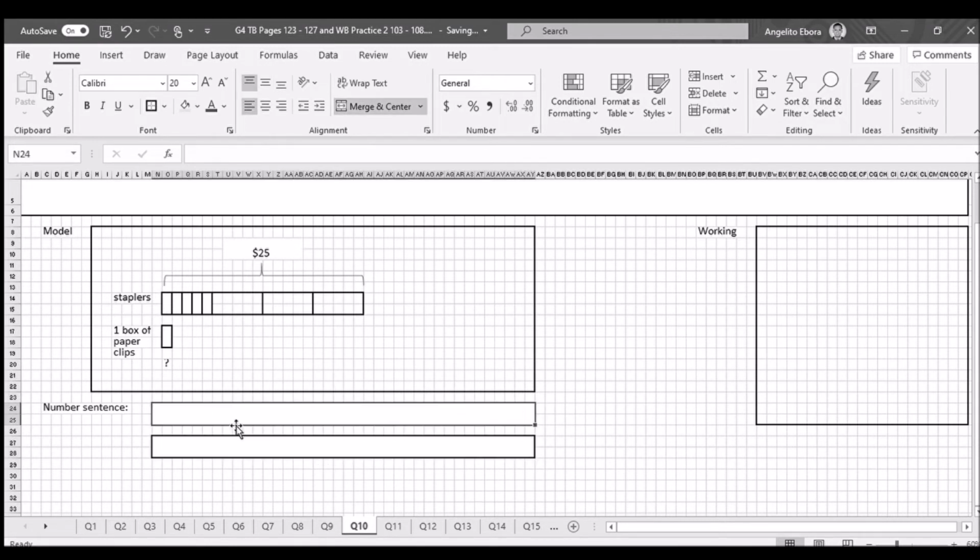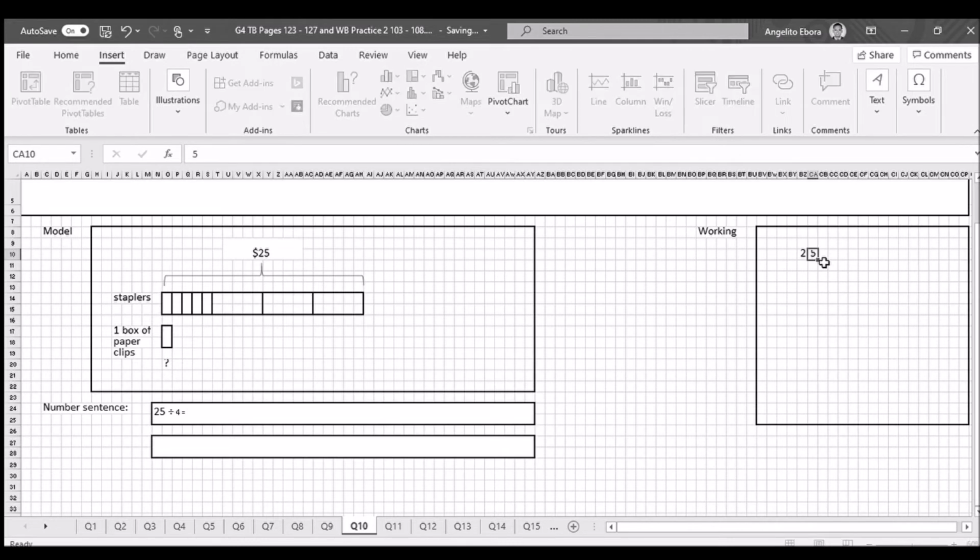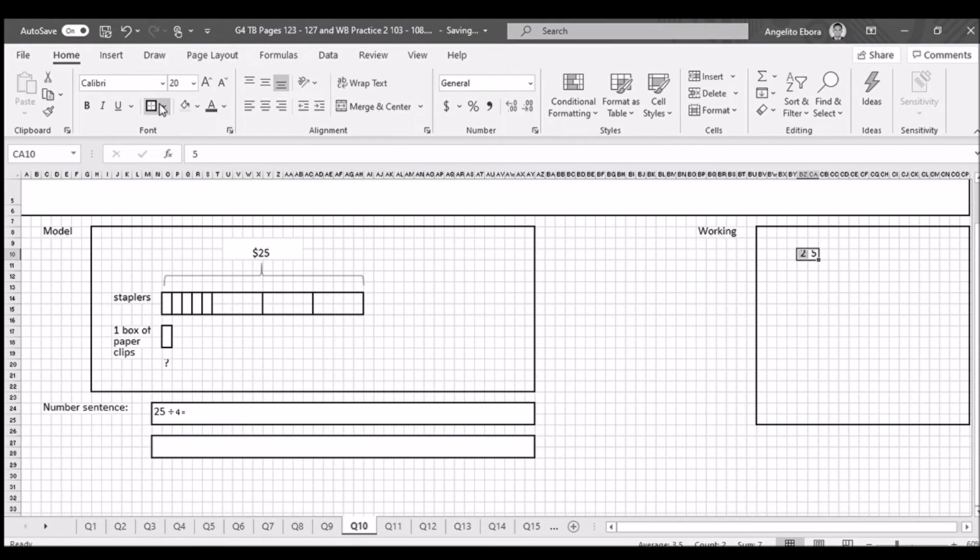So $25 divided by 4. Where did we get 4? This one is one stapler. 2, 3, 4. So 25 divided by 4.